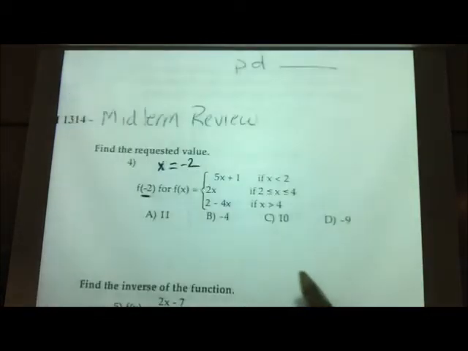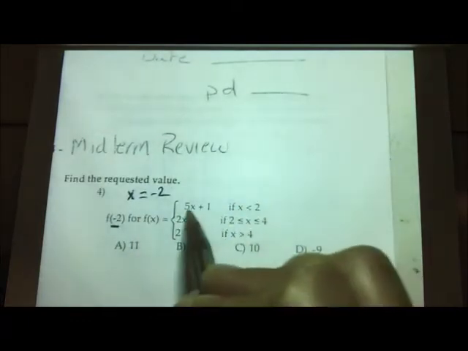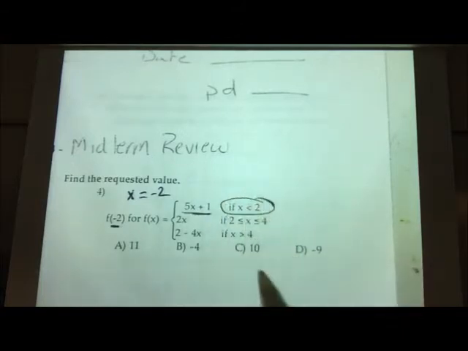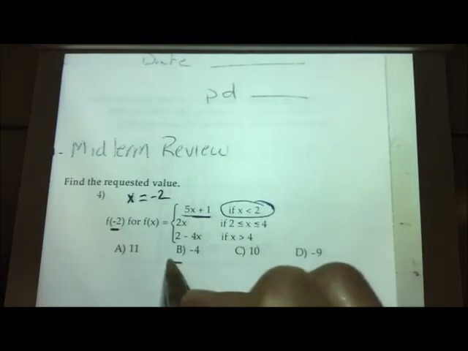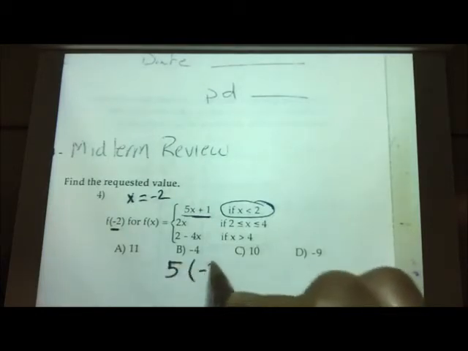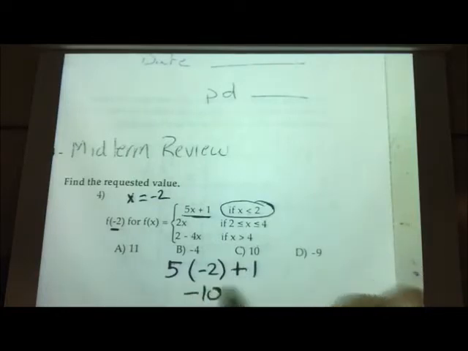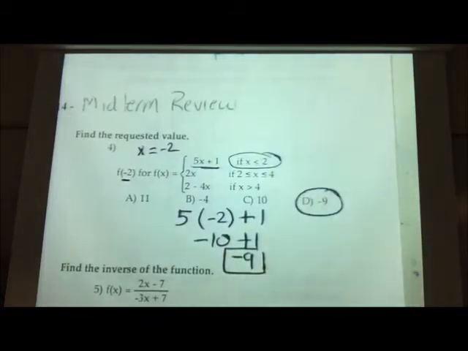Because x is a negative 2, the condition that it falls under is the top one, because it is less than a positive 2. So all we have to do is substitute it there. So we have 5 parentheses, negative 2 plus 1. This is negative 10 plus 1, which equals a negative 9. So my answer would be D.